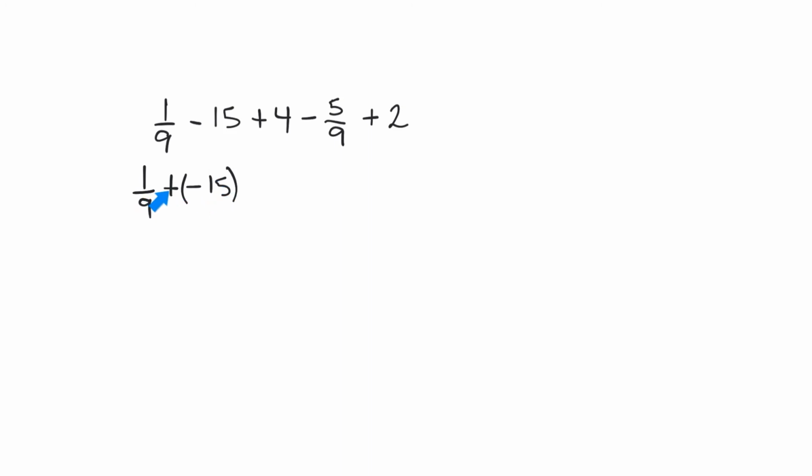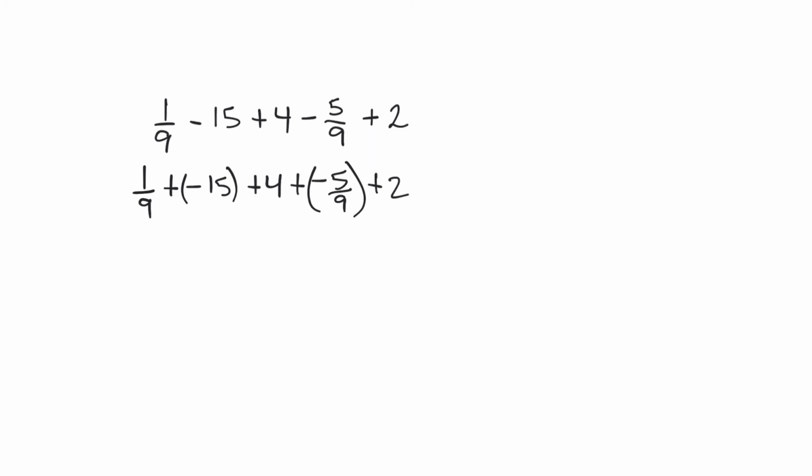I'm just writing it as an addition problem so I can use the commutative and the associative property because they only work for addition. So I'll continue here, plus 4, and then I'll use that same trick right here. Instead of minus 5/9, I'll call this plus a negative 5/9. And since I have this operation in the sign, I'm going to place this in parentheses and then plus 2.